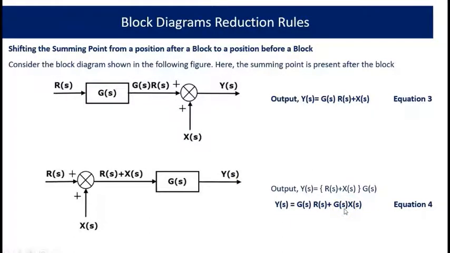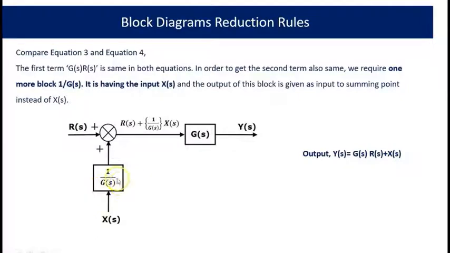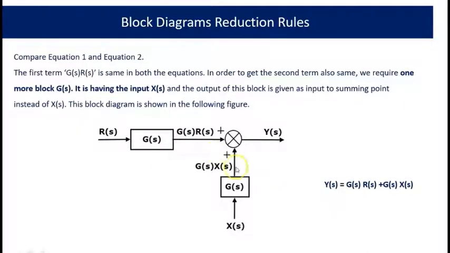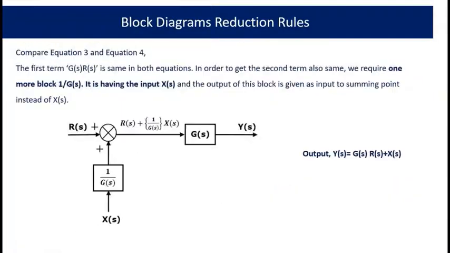So what we have to do? We have to add a block with the value 1 by g of s. In the previous case, we added a block with the transfer function g of s. Here we have to add a block with transfer function 1 by g of s.